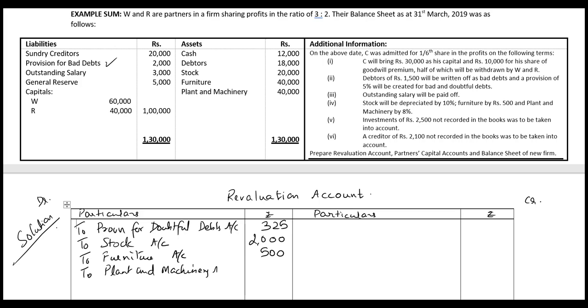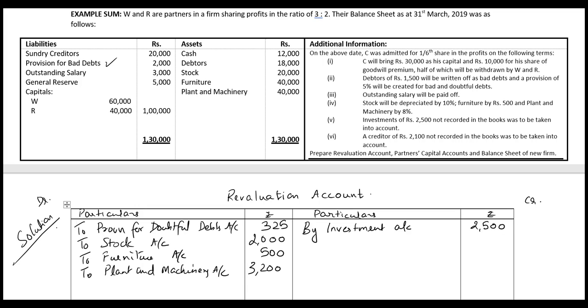So that comes up to 8% of 40,000, 3,200 rupees. The fifth point says investments of rupees 2,500 not recorded in the books of accounts was to be taken into account. We are bringing an unrecorded asset into existence, so it's by investment account 2,500 rupees.